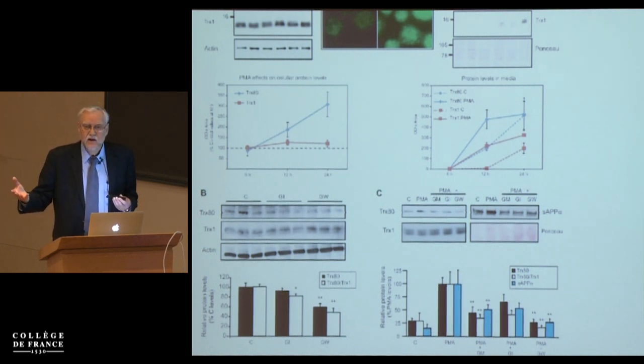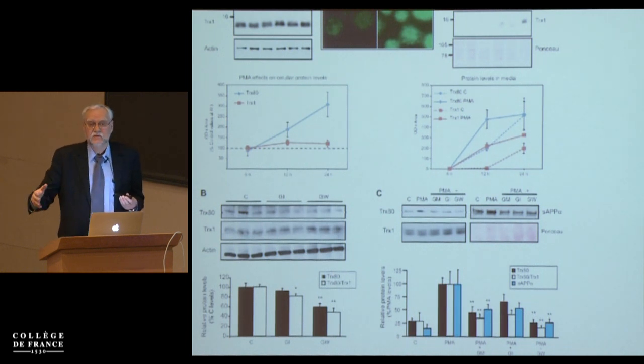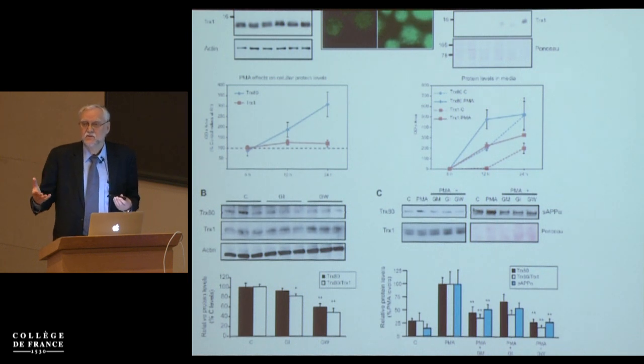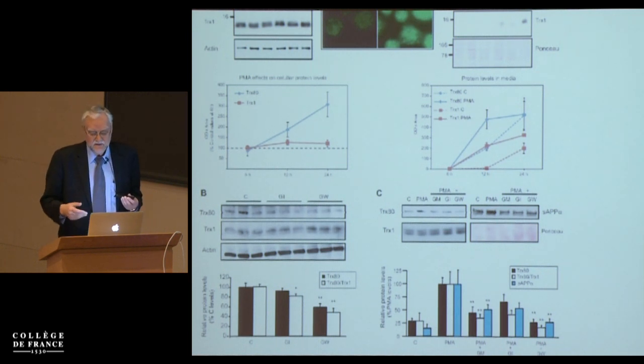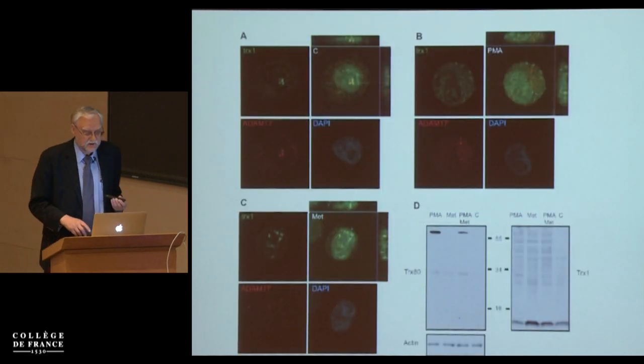The level of thyrodoxin in plasma samples from patients or people is related to inflammation and so on. Thyrodoxin 80 is not related to that, and one can actually measure thyrodoxin 80 in cerebrospinal fluid here, also. Again, details you find in the publication.